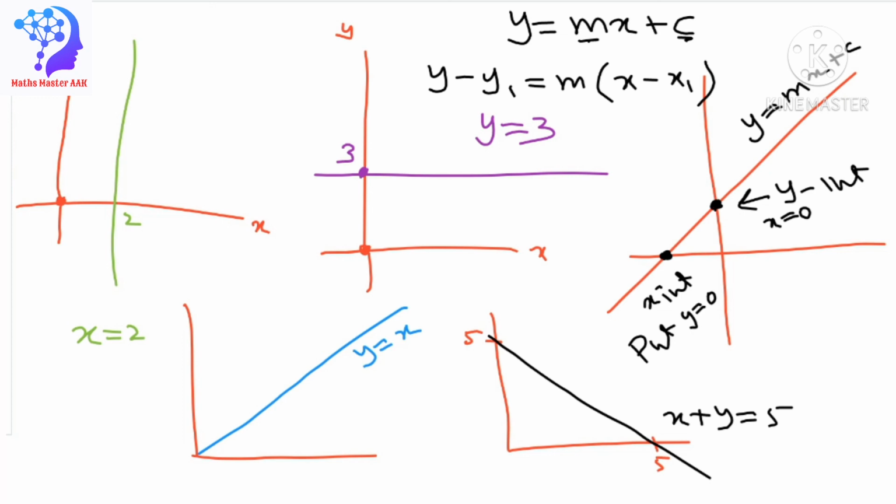Whenever you have one point and the gradient, that is, a coordinate x comma y is given and the gradient is given, you can find the equation of the line with the help of this equation, and mostly we will use this one. So I hope that you understand this.